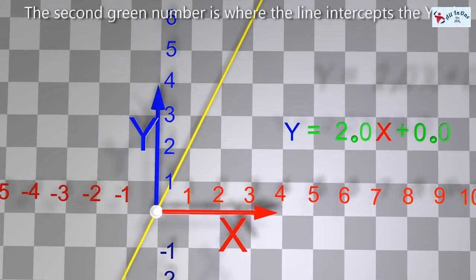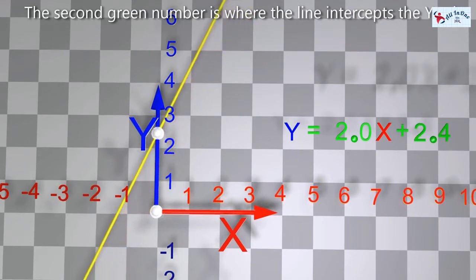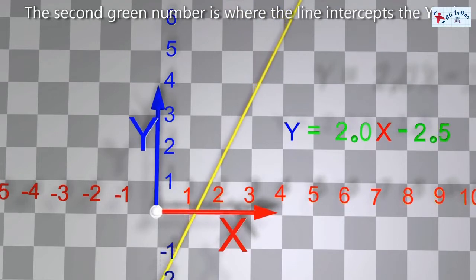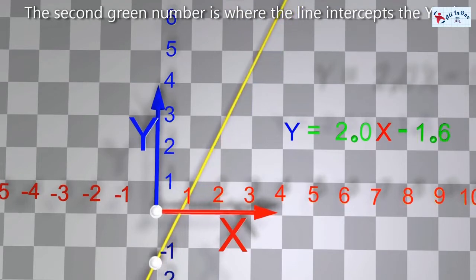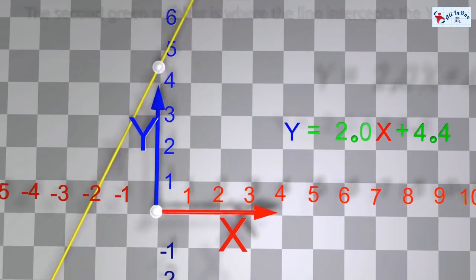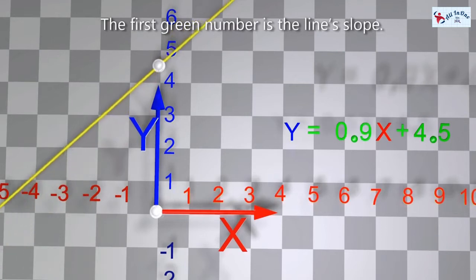The second green number is where the line intercepts the y-axis. The first green number is the line's slope.